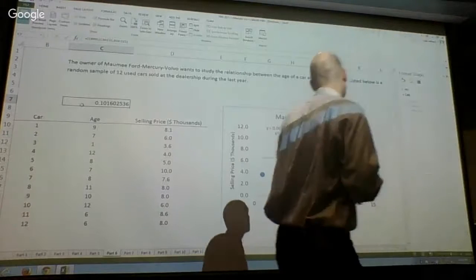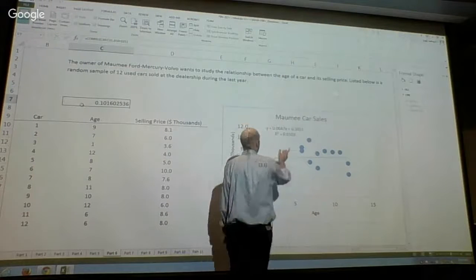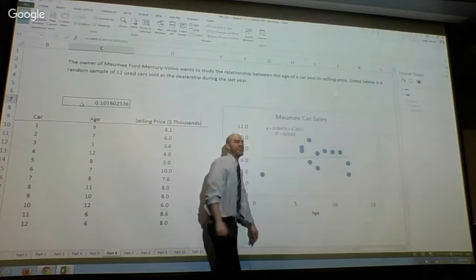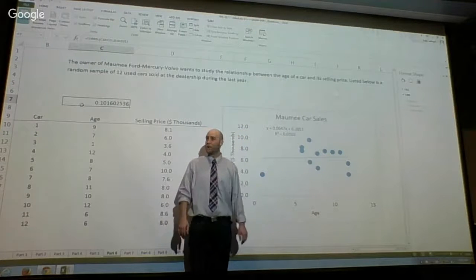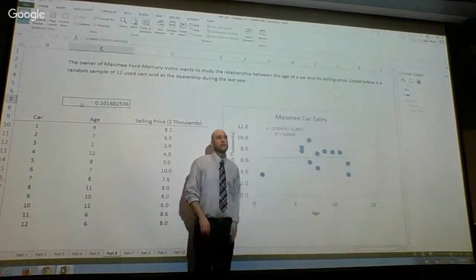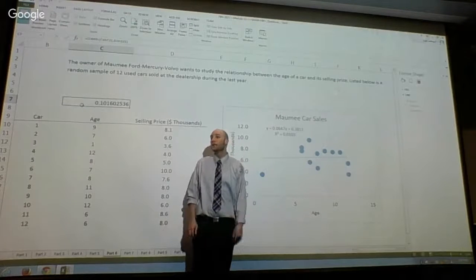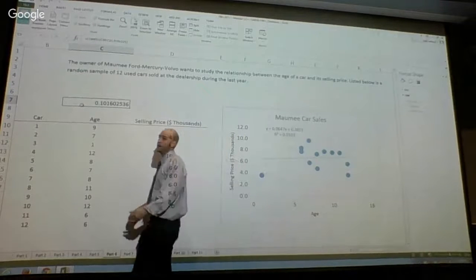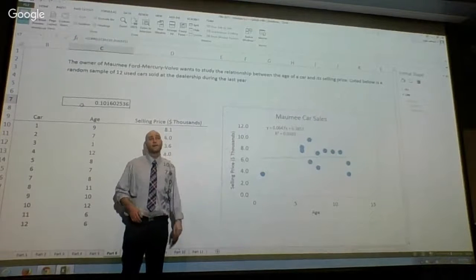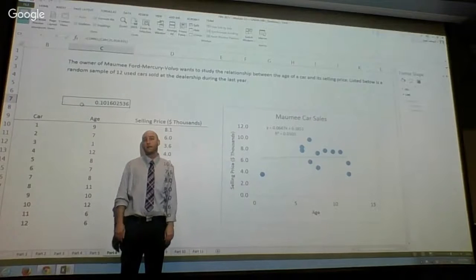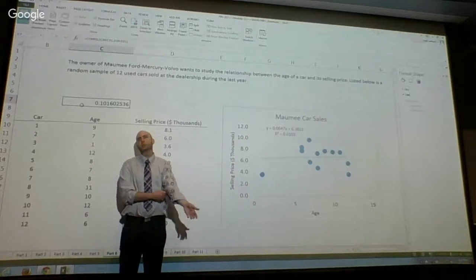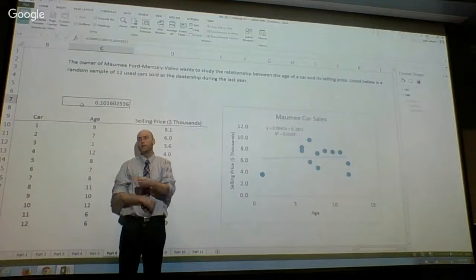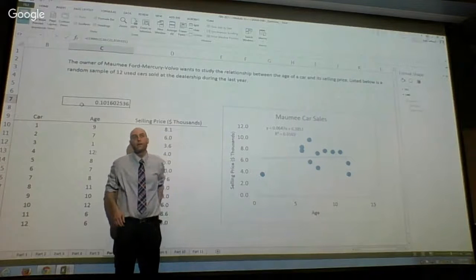But right now, with an R squared of 0.01, that means that 99% of the variability in the car price is left unexplained. Only 1% of the variability in car price is explained by its age. That's us interpreting R squared beyond it's just R value squared.